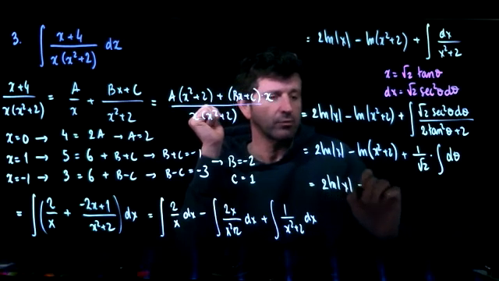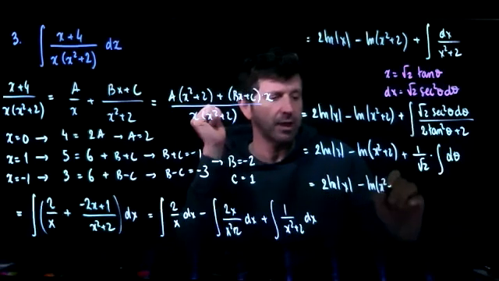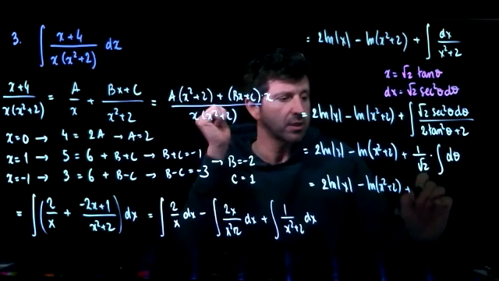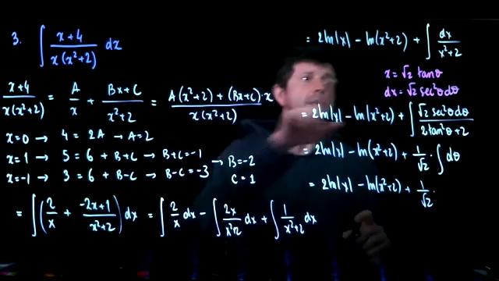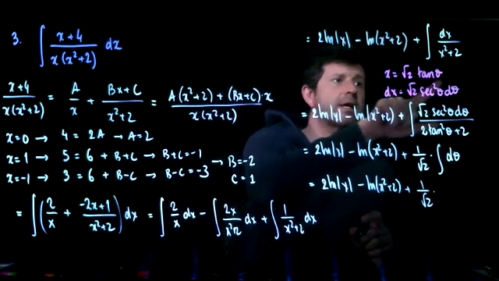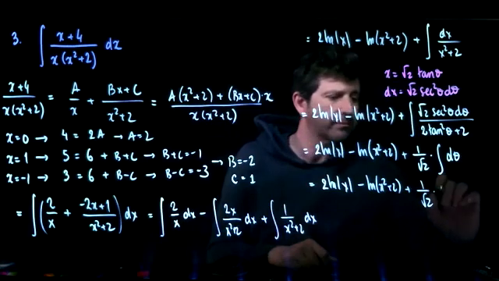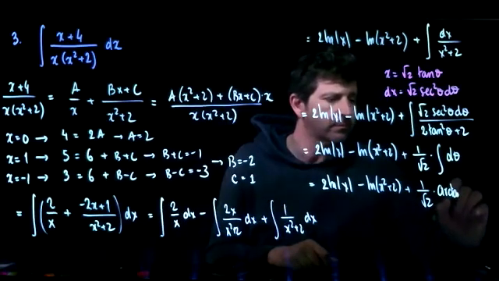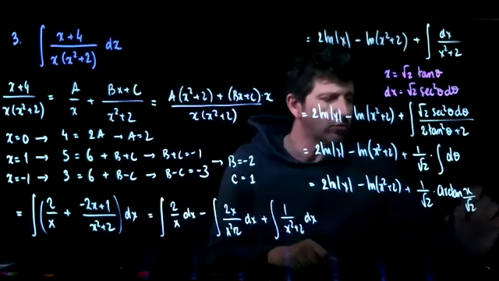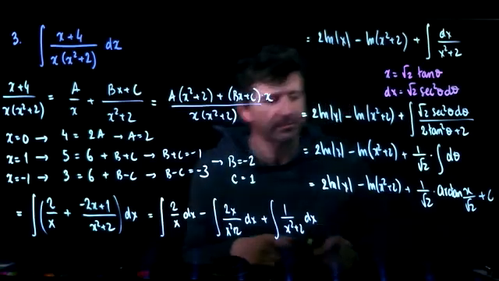So 2 ln absolute value of x minus ln (x² plus 2) plus 1 over root 2 times theta, and theta is arctan of x over root 2, plus c, and that's my answer.